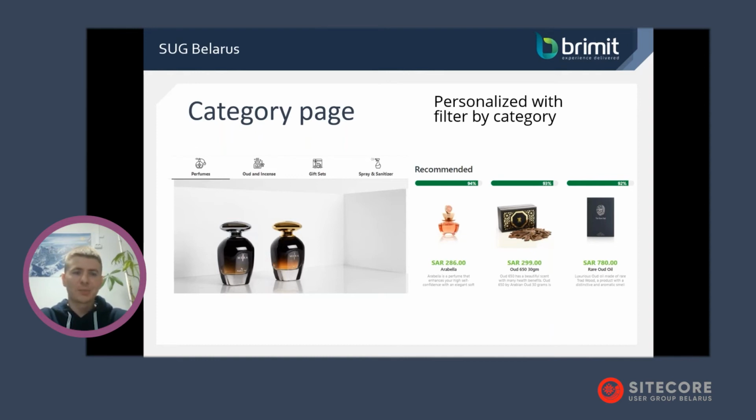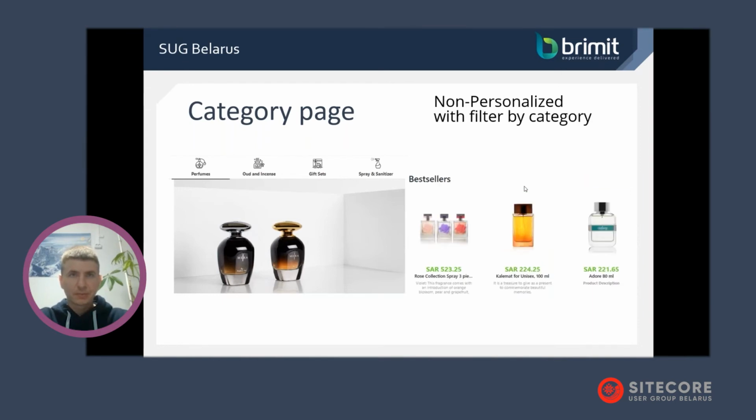The idea is the same as you have for your home items: just recommend something personalized, but only filtered by this category. If you have anonymous users, you can show non-personalized recommendations, also filtered by category. For example, most popular products in this category.